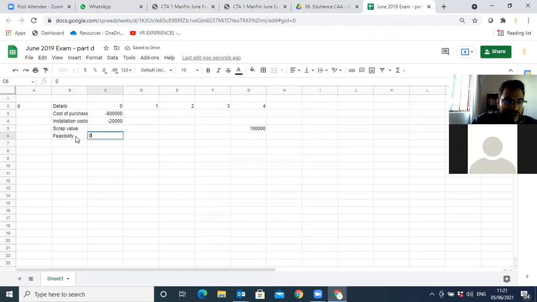You can just put it here, or have a separate column called comments, and say it is a sunk cost. How do I know it's a sunk cost? We have already incurred it. Whether we go ahead with the investment decision or not, that $15,000 has no impact because it has already been incurred. So we don't include a sunk cost because it has no impact on the NPV calculation or on our decision.